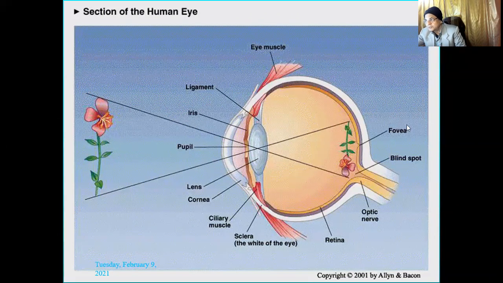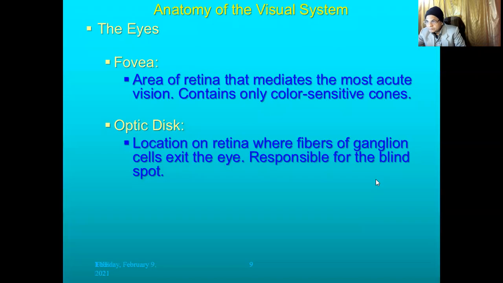device in the body. And this one is the optic nerve that sends the signal to the brain. So this fovea, the area of the retina that mediates the most acute vision, contains only color sensitive cones and rods.